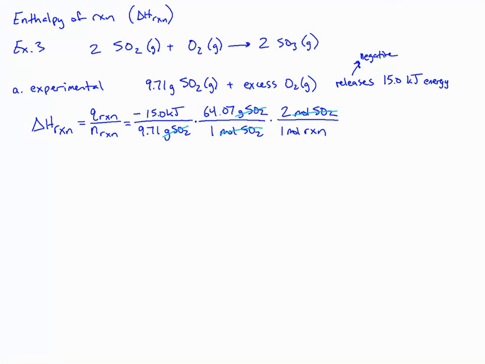So for one whole reaction, we used 2 moles of SO2, and that's what this ratio is right here. Basically, whatever it happens, it's going to be the coefficient for your substance, and it's going to be 1 mole of reaction. So let's go ahead and solve this.